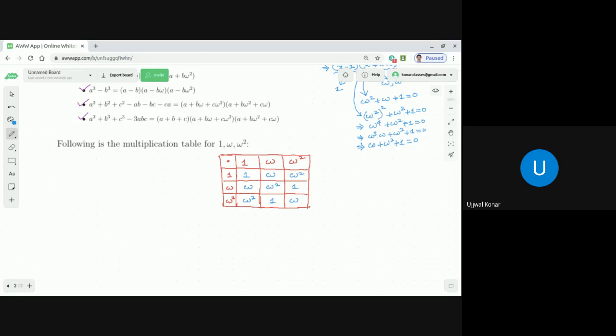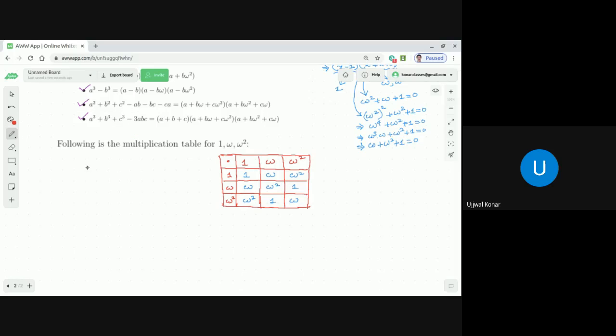So why did I write this multiplication table? What is the big deal here? If you see, all the elements I wrote in the blue color are actually elements of the original set 1, omega, omega square.